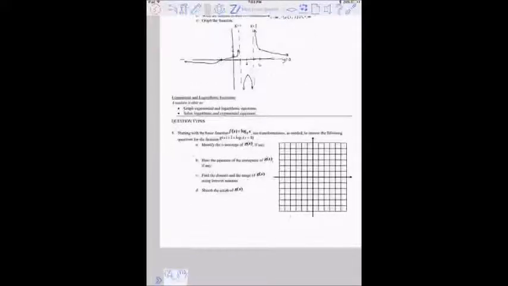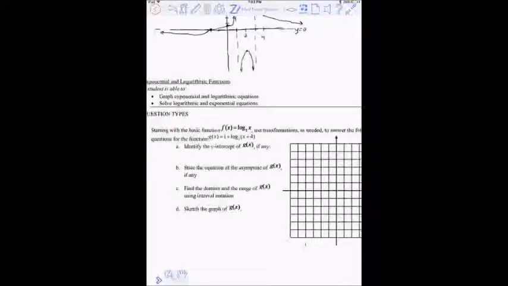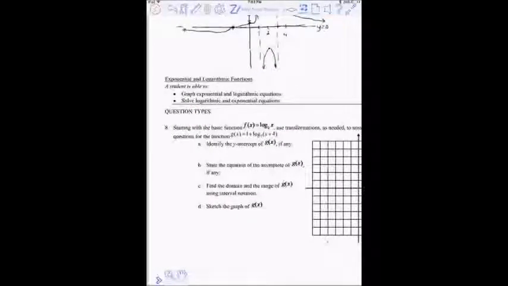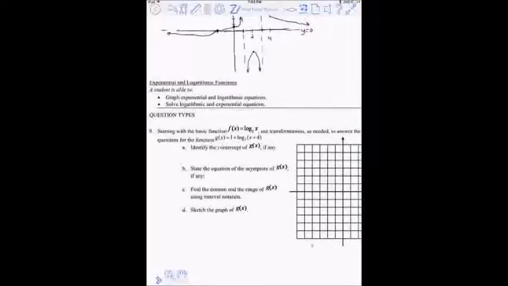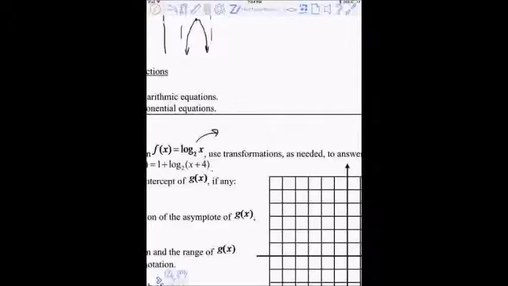Okay, question 8. Now we're in chapter 4. And logarithms, we started talking about in section 4.3. So this right here, log base 2 of x, a typical logarithm function with no transformations, has a vertical asymptote right there through 0.